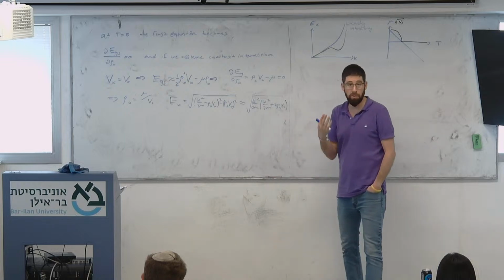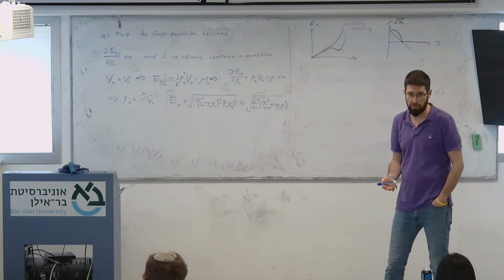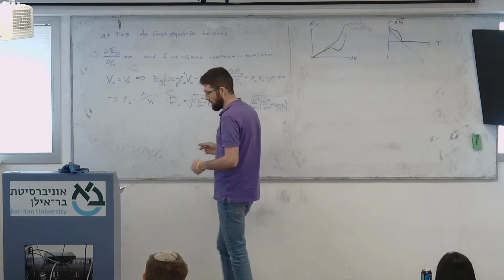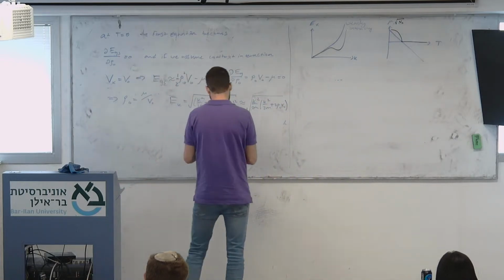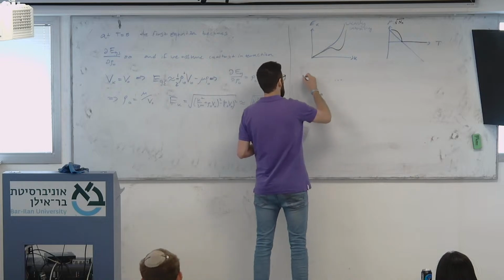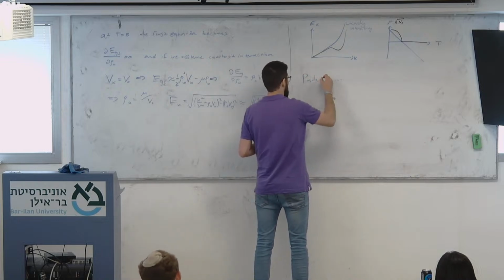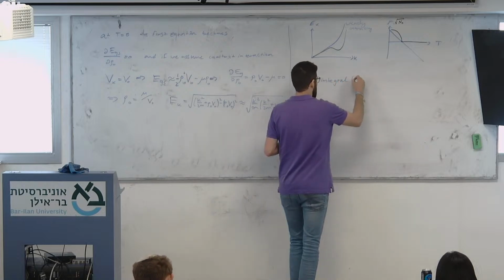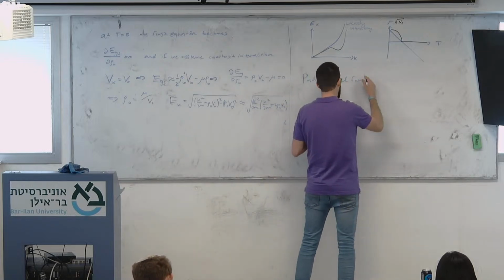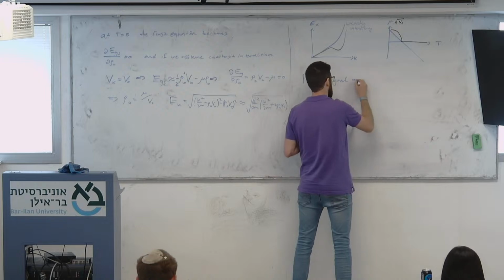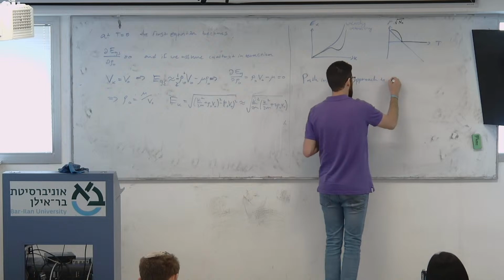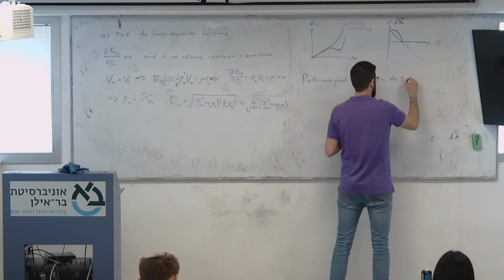But actually, there's a very deep reason the dispersion is linear. That's what we're going to talk about today. I'm going to write the path integral formalism approach to the Bose gas.